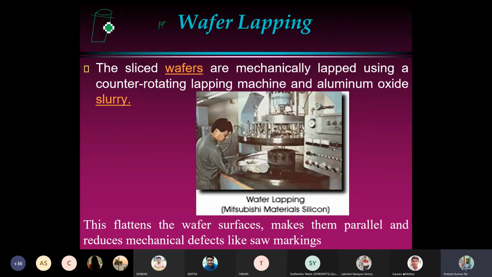Once we have cut it, we obtain a compact disc like structure. But once we have obtained this structure, there may be some mechanical defects, like the marks of the diamond saw.